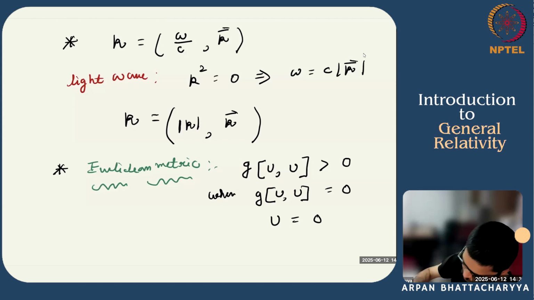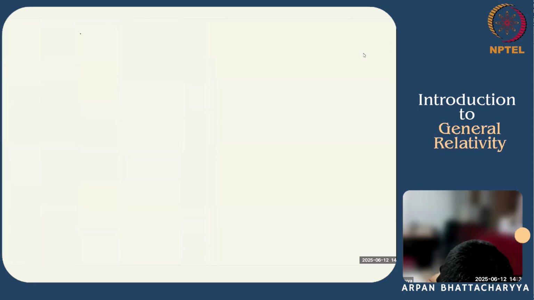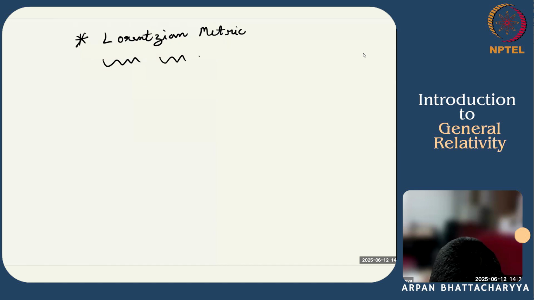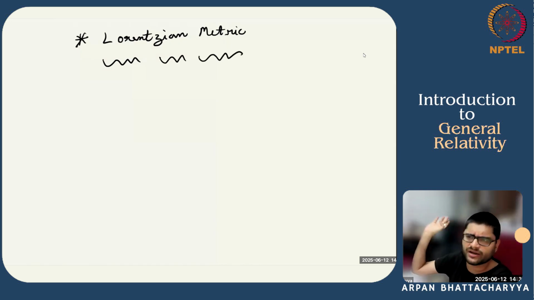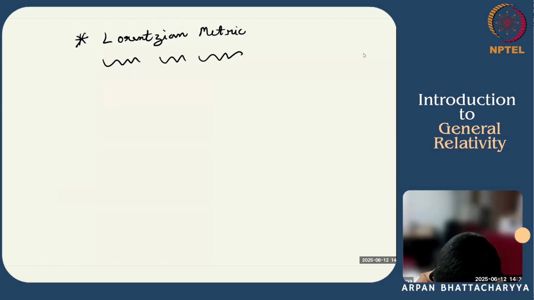Now for a Lorentzian metric, for example Minkowski or any general Lorentzian metric with an indefinite signature, we have to change this degeneracy condition.